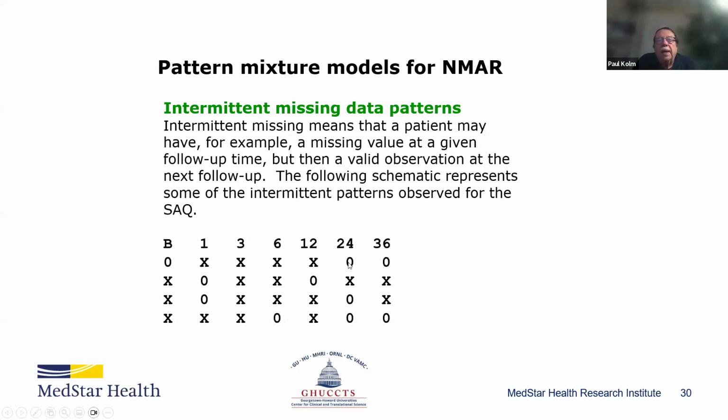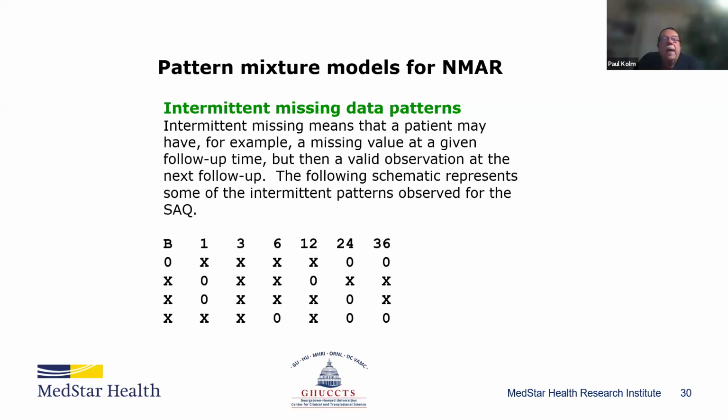So it's not a good assumption to assume that these would be missing at random and we could impute these, because for the values at 24 months and 36 months for patient number 1 and patient number 4, we'd have to assume that those are not missing at random. These could be patients that really got sick and we couldn't get any measure, or they actually died, and so they're not missing at random.